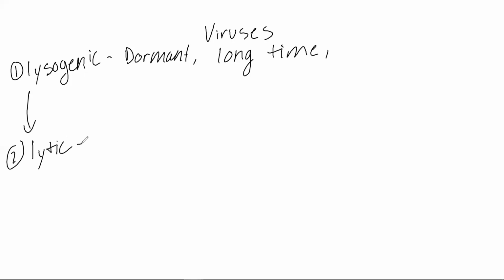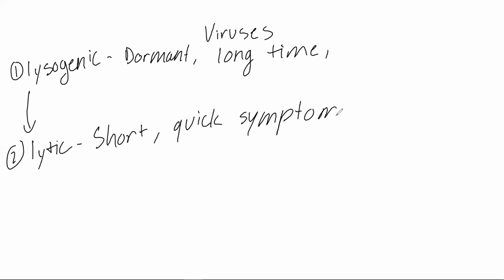And the lytic cycle, remember, these are cycles. The lytic cycle is essentially the short form where symptoms appear very quickly. And the virus begins replicating itself.